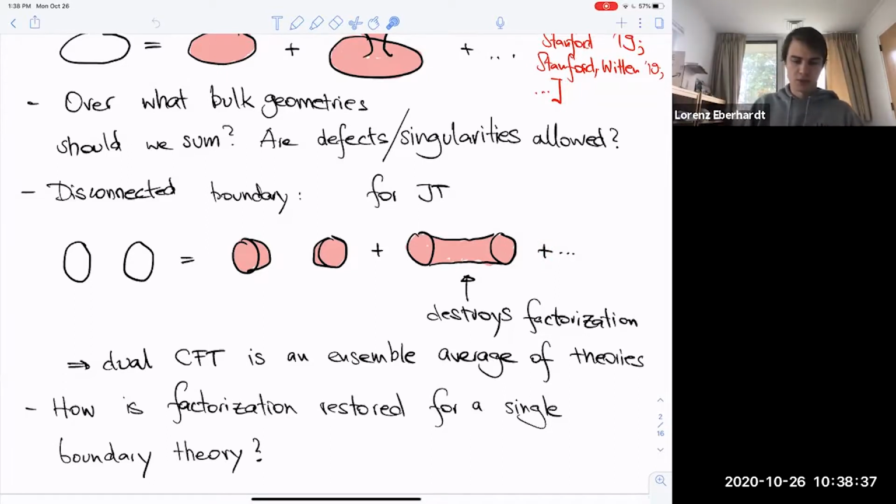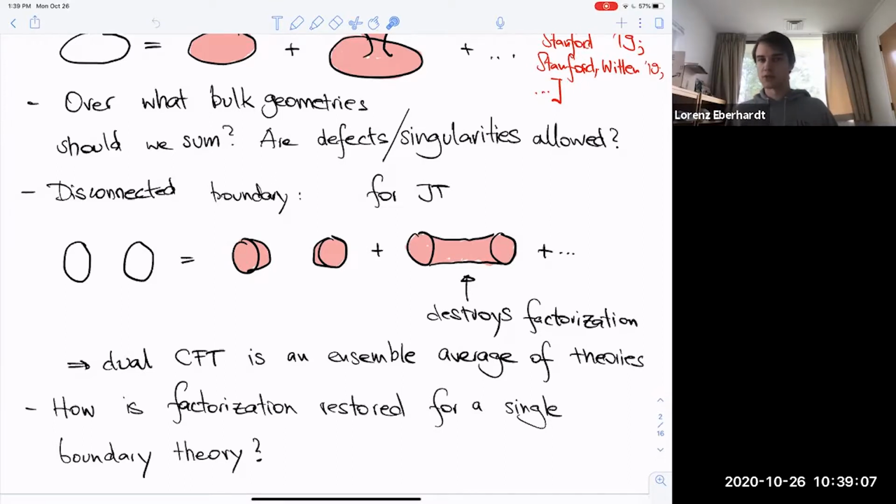In the boundary, the partition function on the disconnected sum of two circles is just the product of the partition functions. And in the bulk, the existence of this wormhole topology spoils this factorization. So this one is a product of two partition functions, this is also a product of two partition functions, but this one leads to a non-product.